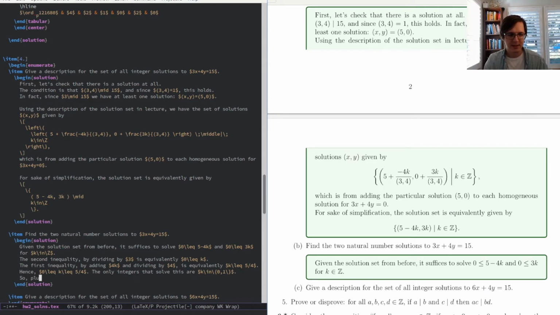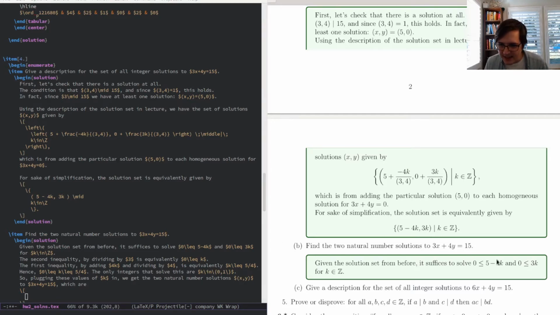So plugging these values of k in, we get the two natural number solutions to 3x plus 4y equals 15, which are, well, I guess I have to actually calculate now. So let's put 0 in. That's (5, 0).